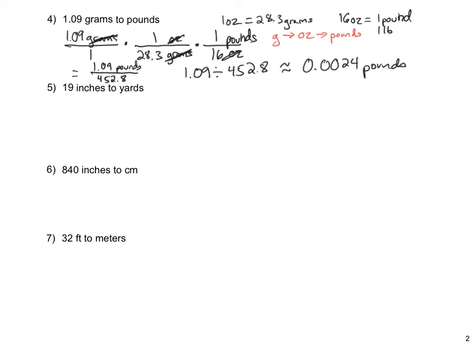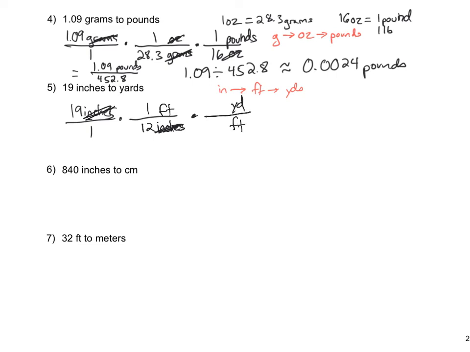In the next problem, we want to go from inches to yards. This is a bit simpler of a computation. We can sort of picture that this path will go from inches to feet to yards. And so therefore, we can again begin by writing what we are starting with over 1. And then to get from inches to feet, we want inches to cancel, leaving us with feet. 1 foot is equal to 12 inches, and now the inches cancel. And now we want to get from feet to yards.